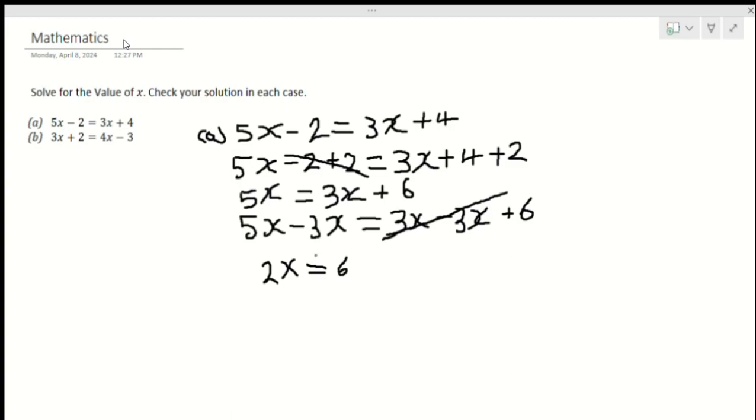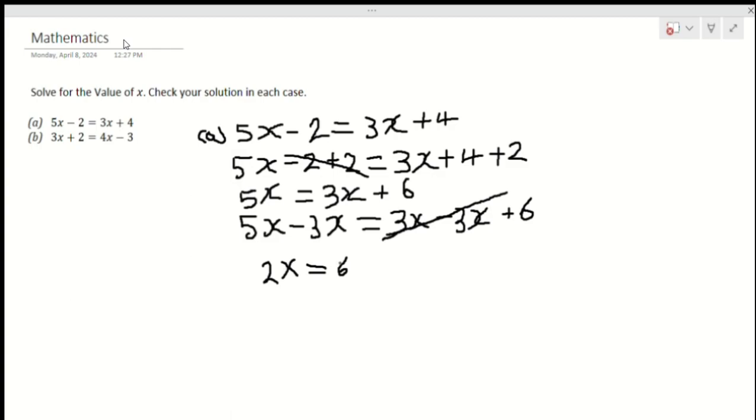So now we have 2x is equal to 6. 2 times x would give you 6.